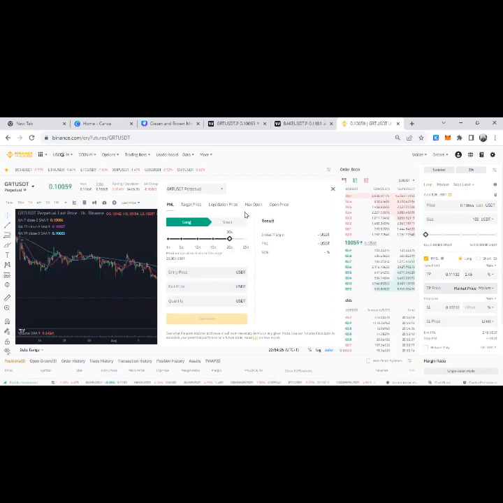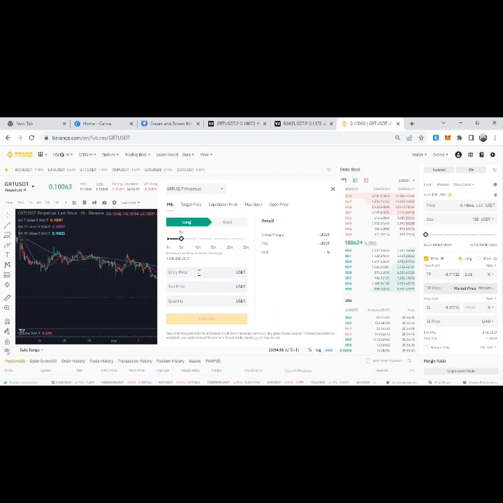So now, how to use this calculator tool? When you click on this calculator tool, you can adjust your leverage. You can say you want to enter with just 5x. That means that if you have $100 in this exchange, the position that is going to open for you is $500.